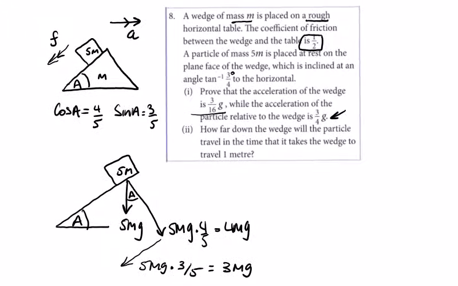If I resolve my accelerations, I have F going down, I have A going across, so that's my hypotenuse, so to my right angle.